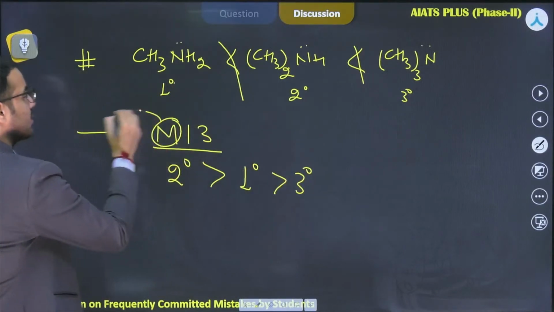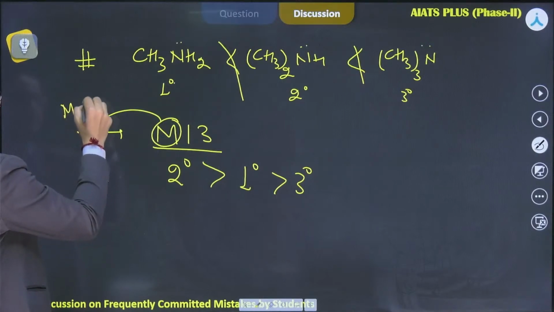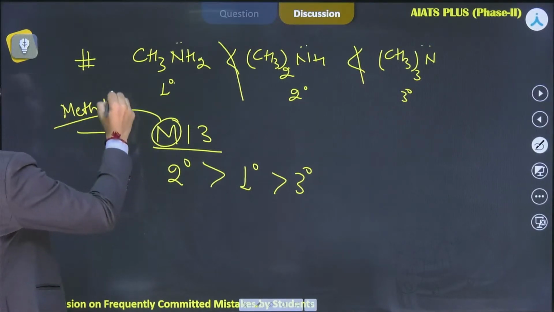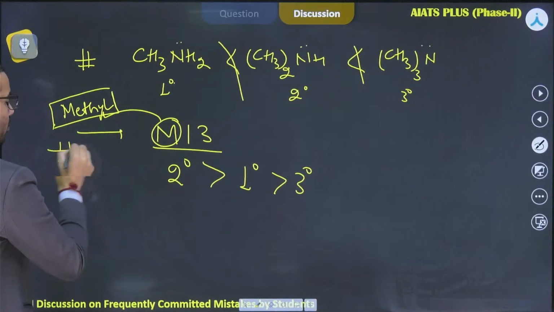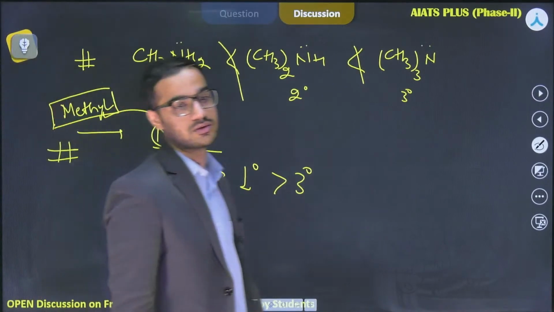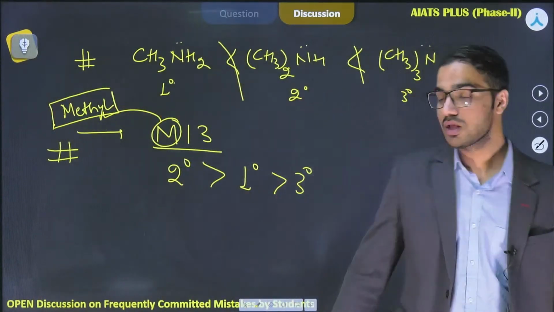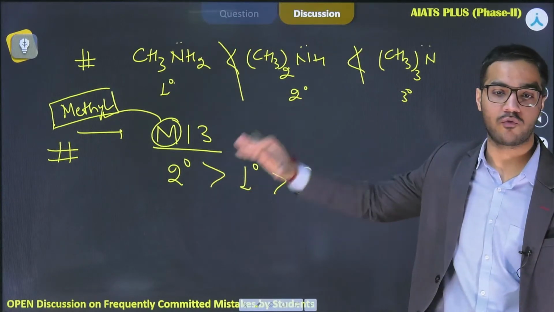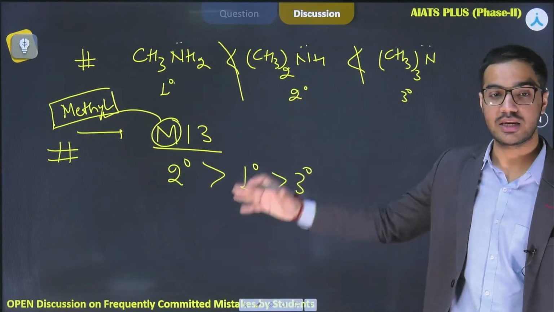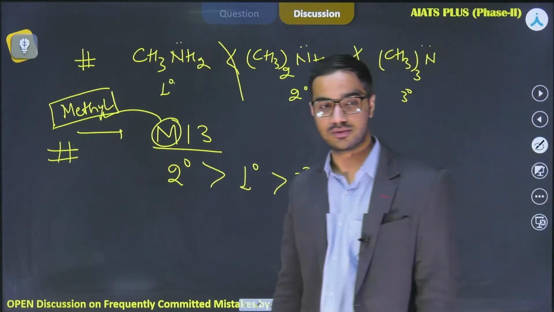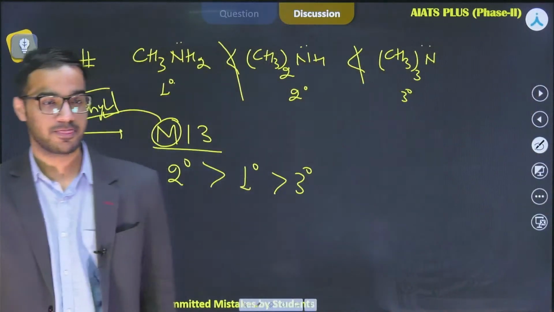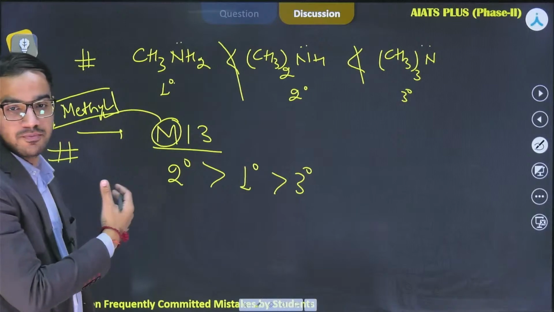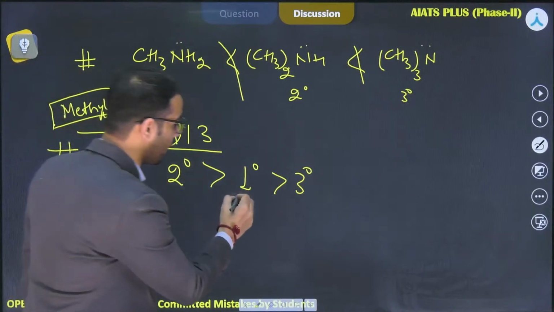M means methyl. Always remember this mnemonic, you will never get a wrong answer. This is the basicity order of methyl amines in aqueous solutions. It's M13. The 2 degree is always far better than 1 and 3.